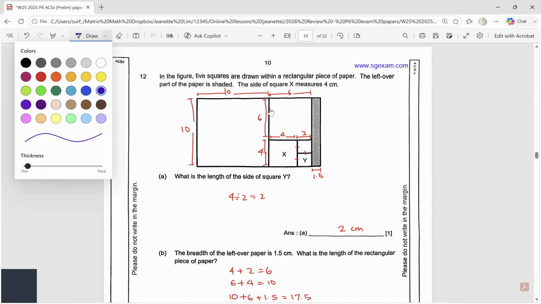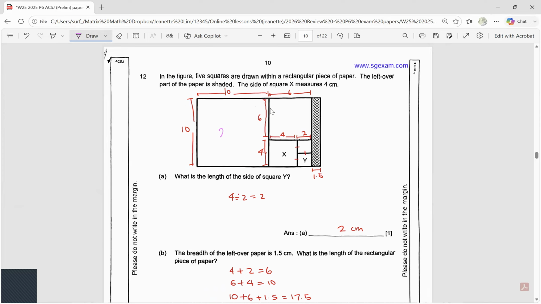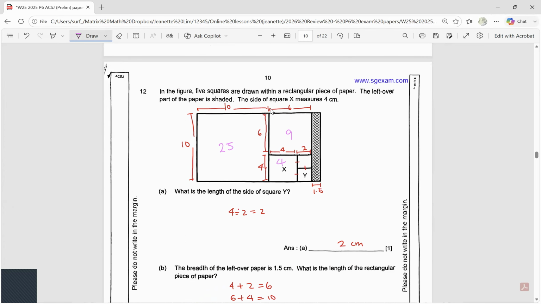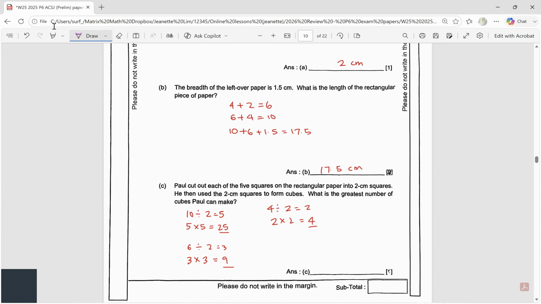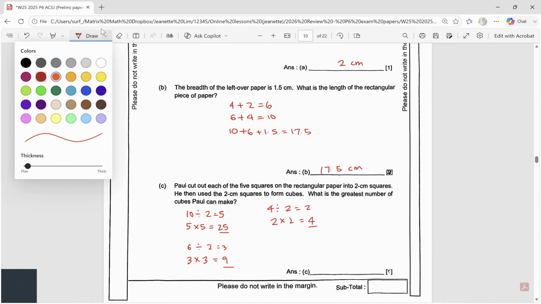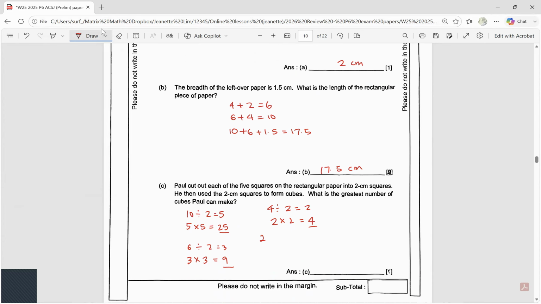So we have 25 here, 9 here, 4 here, and then this and this with 2. So 25, 9, 4, and 2 gives us 40. 40 is the number of squares.